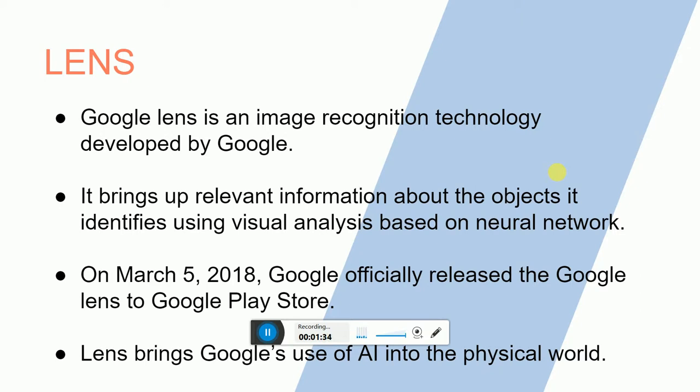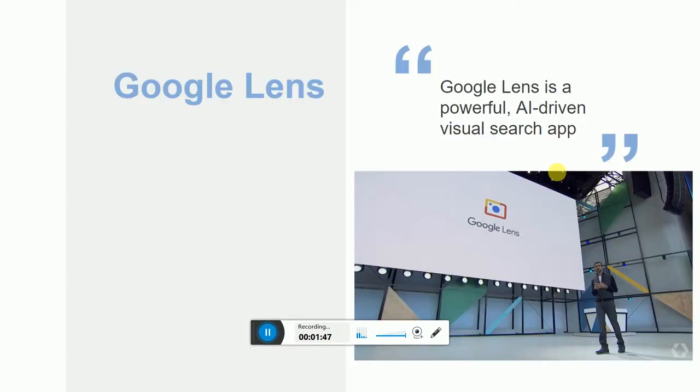So, in simple words, Google Lens brings Google's use of AI into the physical world. During its release at the Google I/O annual meet, the CEO, Sundar Pichai, described Google Lens as a powerful AI-driven visual search engine.